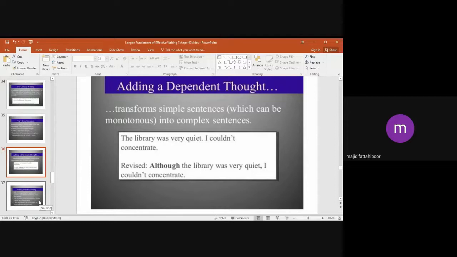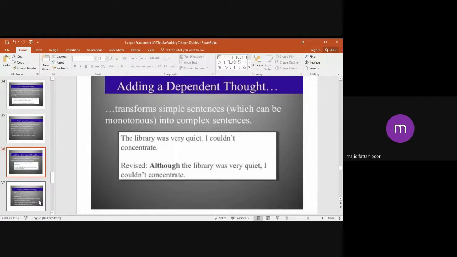Very simple. You can add although, and after a comma, you join the second sentence to the first sentence. This is a dependent thought and makes it into a complex sentence, and it removes the monotony. So it would not be monotonous anymore. You know monotonous? The library was very quiet, I couldn't concentrate. This is monotonous.